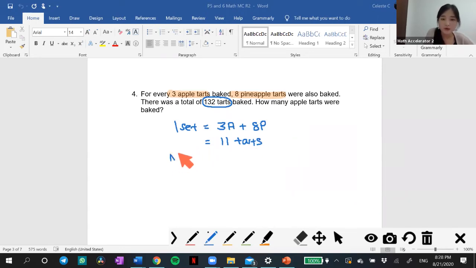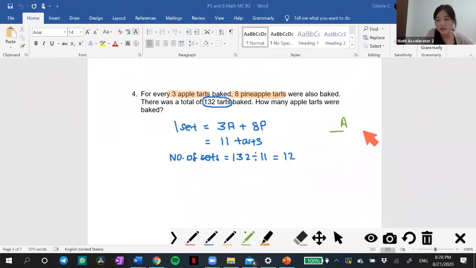So find the number of sets. Take your total divided by the value of one set, divided by 11. Yeah, 12. Okay, good. 12 sets. So how many apple tarts were baked?